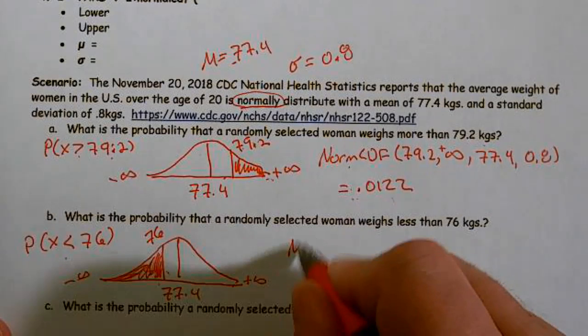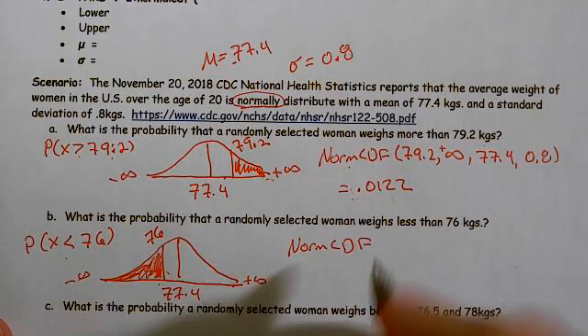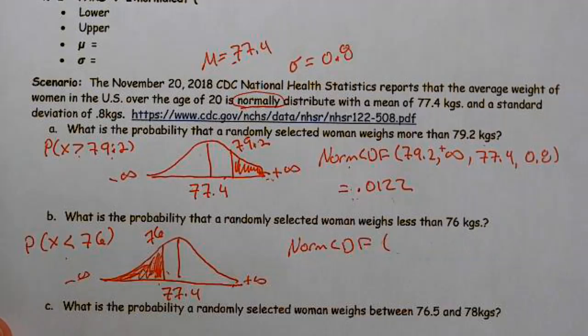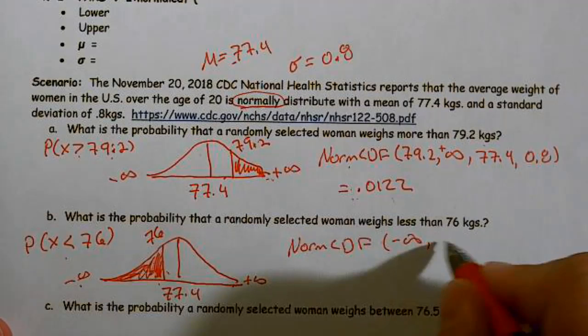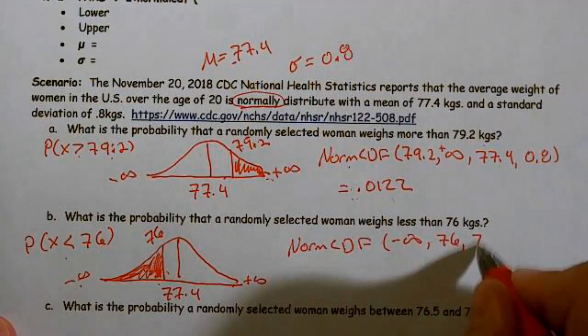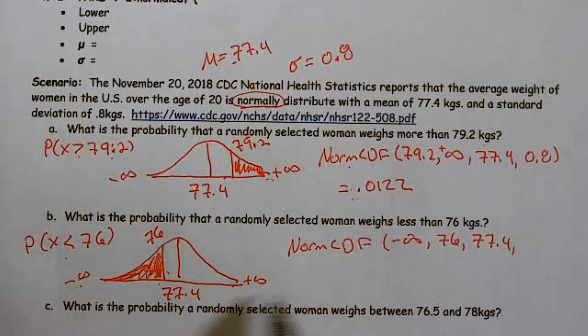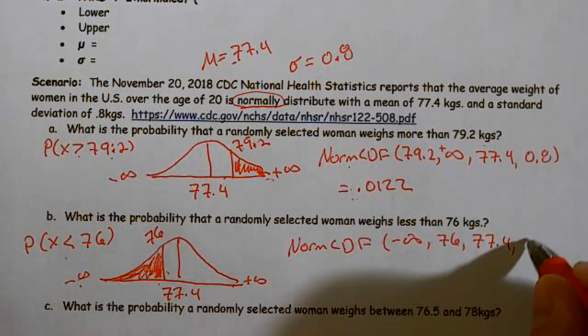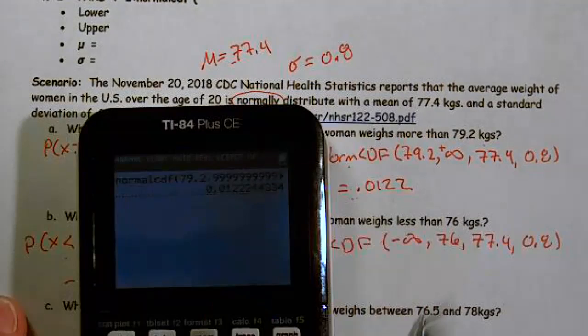This needs to be a norm CDF. The lower part of my shading goes to negative infinity. The upper part of my shading goes to 76. My mean is 77.4 and my standard deviation happens to be 0.8. And that was given to us in the problem. So right here is all the work that I need to show.